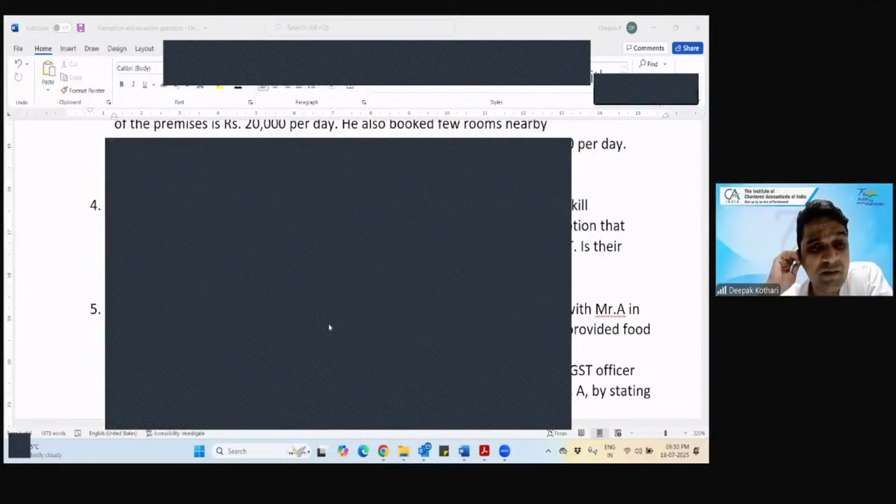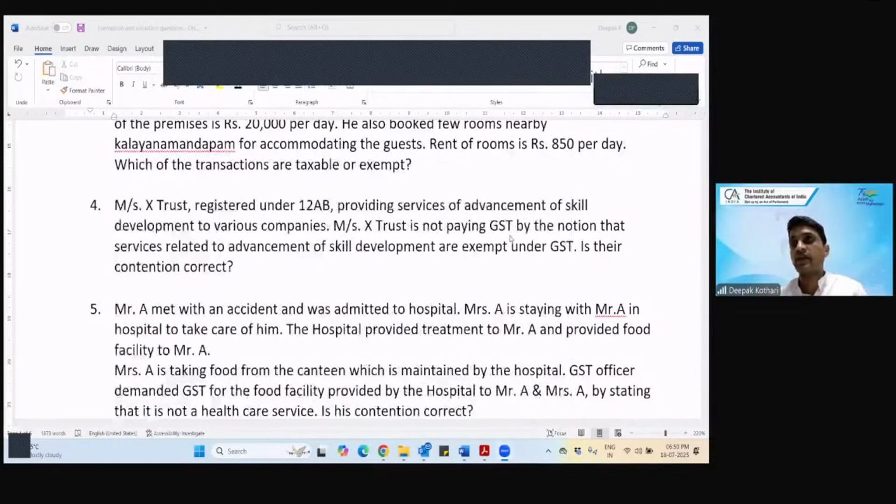But services provided by a charitable institution, all the services provided by a charitable institution are not exempted. Only services which are in the nature of charitable activity are exempted. They are not providing charitable services by letting out premises for rent. That is a separate category. The first category is activity of charitable nature, which is all exempted, but renting of room doesn't get covered under charitable activity.